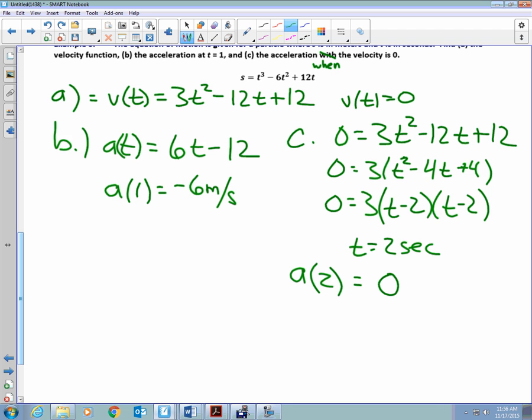The label for acceleration is not negative 6 meters per second. That would be velocity. It's meters per second squared. That is the label for acceleration. So again, this would be 0 meters per second squared. So we found out that the velocity is 0 at 2 seconds. I then take 2 and I plug it in for a. 6 times 2 is 12 minus 12 is 0. And there we have it.